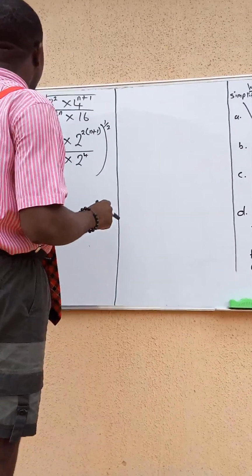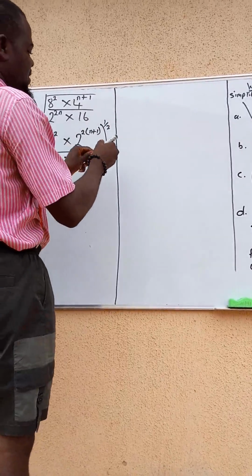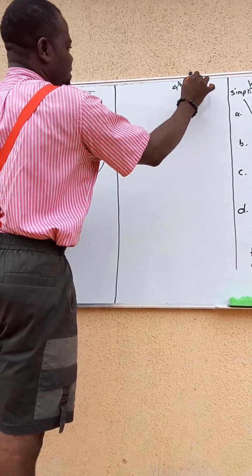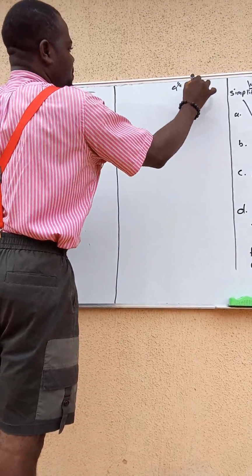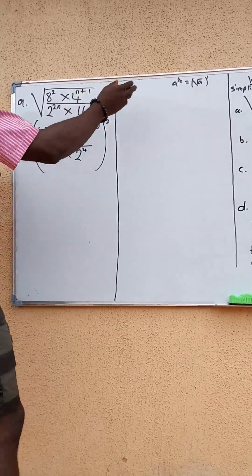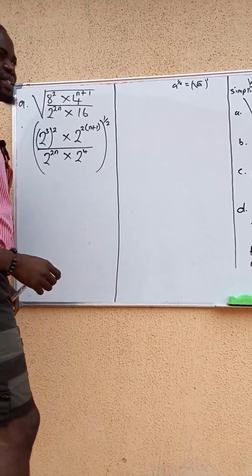Yes, because the square root is what is here. Remember, we said that a raised to the power of 1 over 2 is the same thing as the root of a raised to the power of 1. Anything raised to the power of 1 is the same thing. So I removed this root and put it like this.